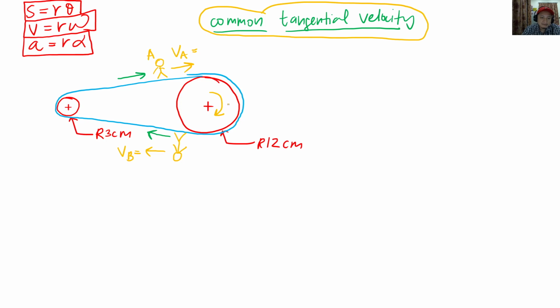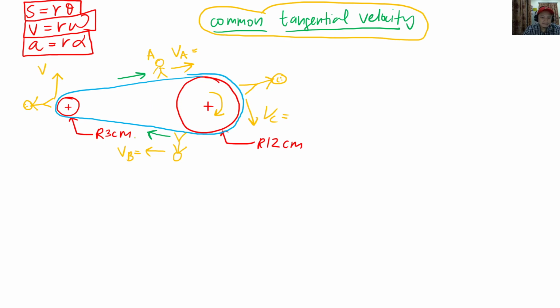So it makes sense. Wherever you are on this belt or chain driven system, your tangential velocity, remember, tangential means tangent, is the same. Let's say this point is called VC. Same, if you are here, you have a tangential velocity in this direction.